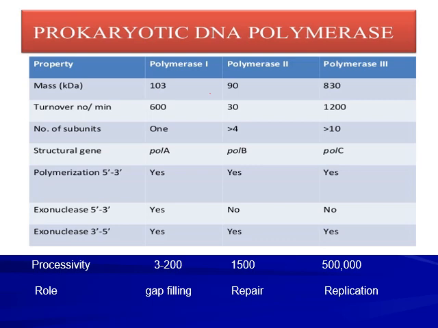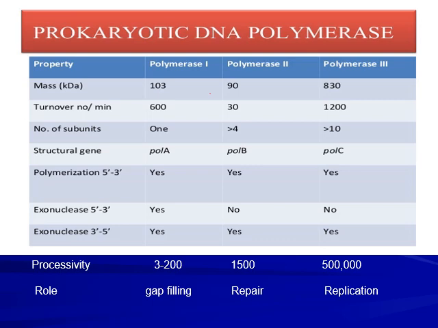The direction of polymerization is 5' to 3' in the case of all 3 enzymes. Now which of these has both the 5' to 3' and the 3' to 5' exonuclease activity? It is polymerase 1. It has 5' to 3' polymerase activity and both exonuclease activities, whereas polymerase 2 and 3 have only the 3' to 5' exonuclease activity.